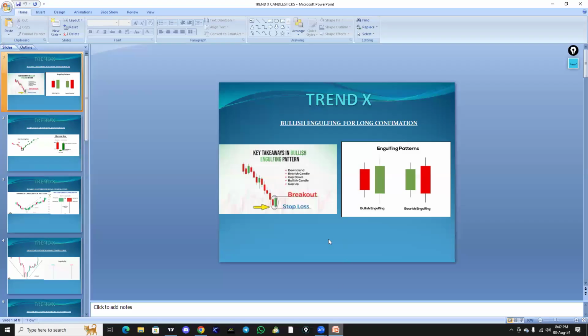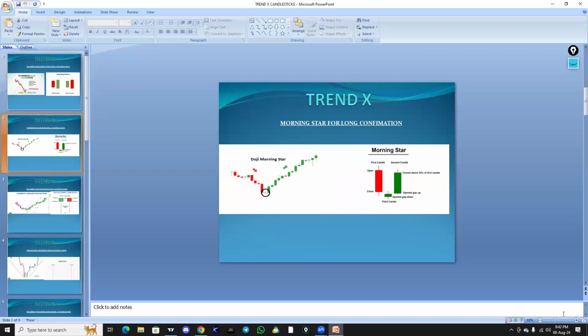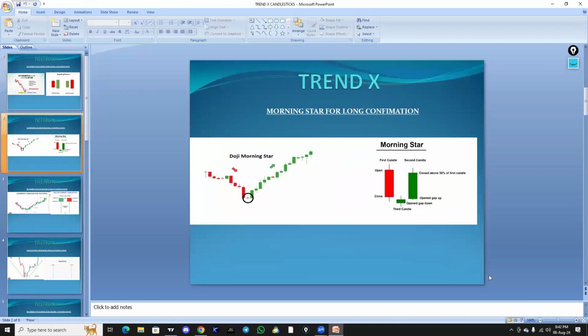The second one is a morning star. You can see here how a morning star looks. When it comes near support or the daily trend X, we see one doji and one green candle. Remember one thing: until the candle closes, we are not going for any trade.